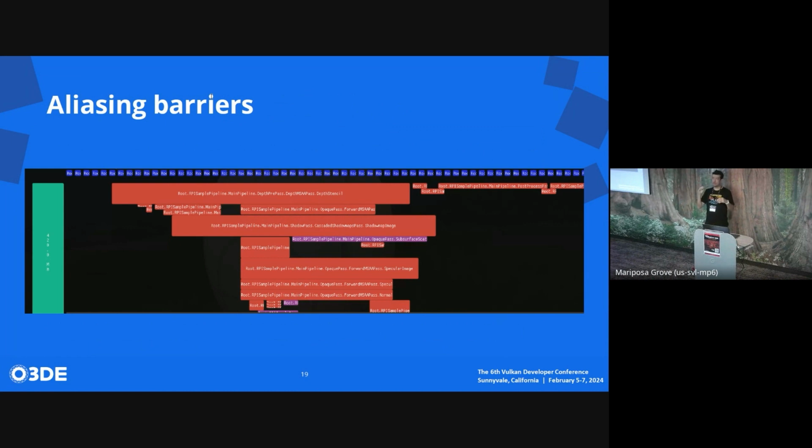The height of the red rectangle represents how much memory is being used, and the width represents how long that resource is going to be in use. So anything along the horizontal axis means it is aliasing memory. As you can see, the top resource, the big one that I think is a depth stencil, is aliasing with all of those small resources that are being used by the passes at the end of the frame.